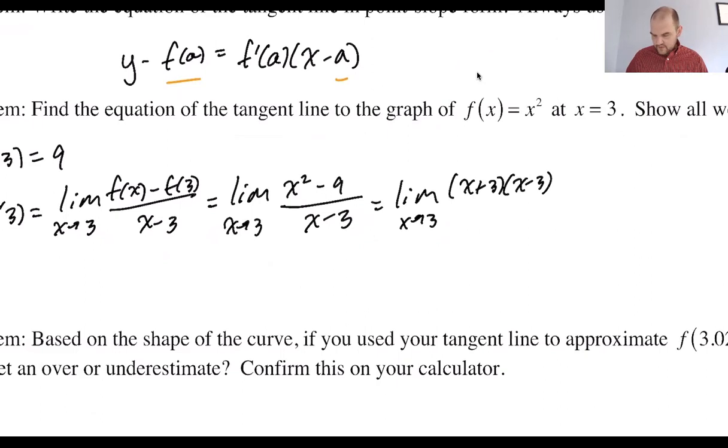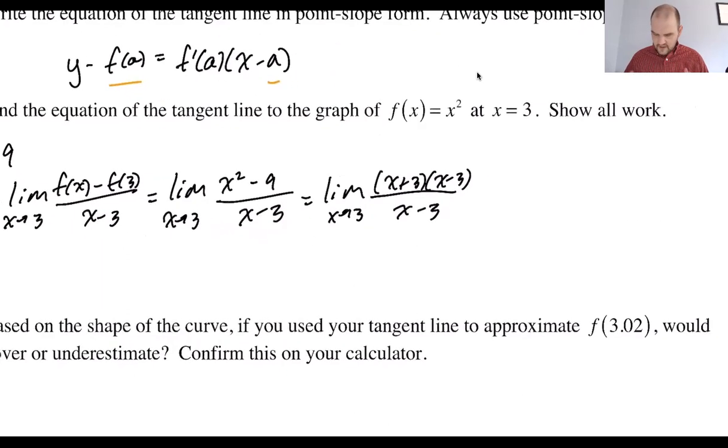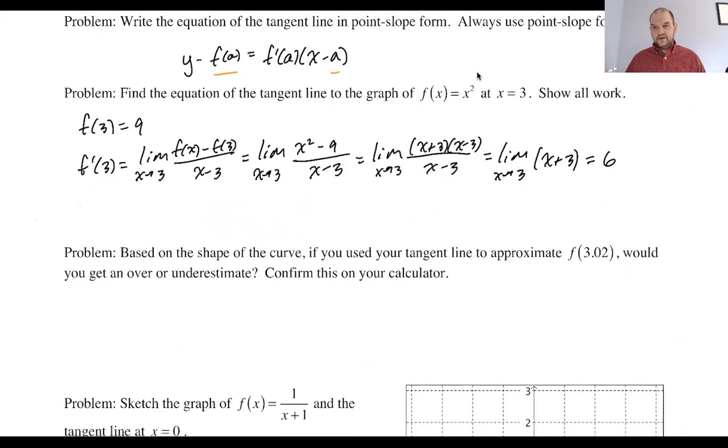I don't think anyone would have a problem with you skipping this particular step, because it's pretty much expected that you can factor that. We get this. And then I plug in and I get 6. All right, not bad.